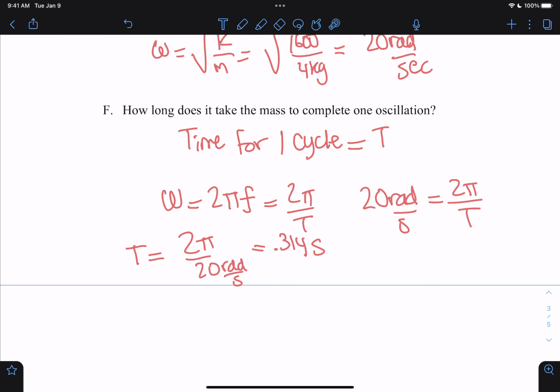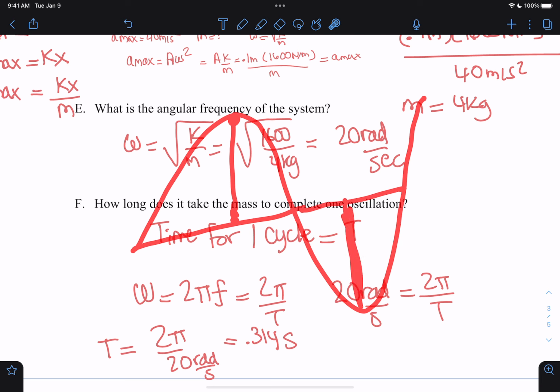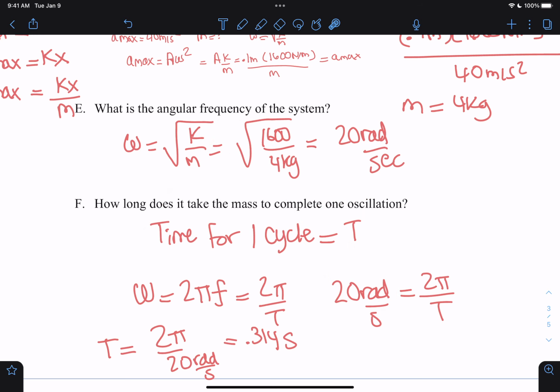So you're saying, from like, yeah. So that 0.314 seconds will actually cover that entirety, because that's one whole oscillation there, right? So you don't have to multiply by 2 at all. Nope.